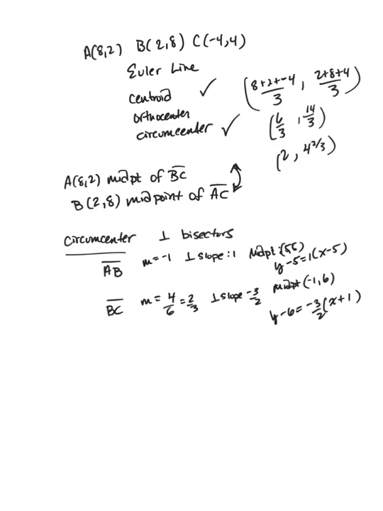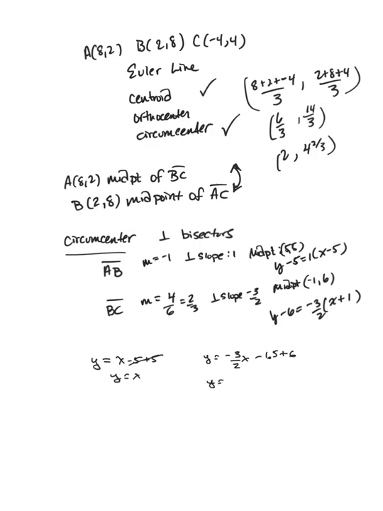Solving this system, let me solve for y. y equals x minus 5 plus 5, so that's just y equals x. For the other one, I get y equals negative 3/2 x minus 3 halves, which is 1.5, plus 6.